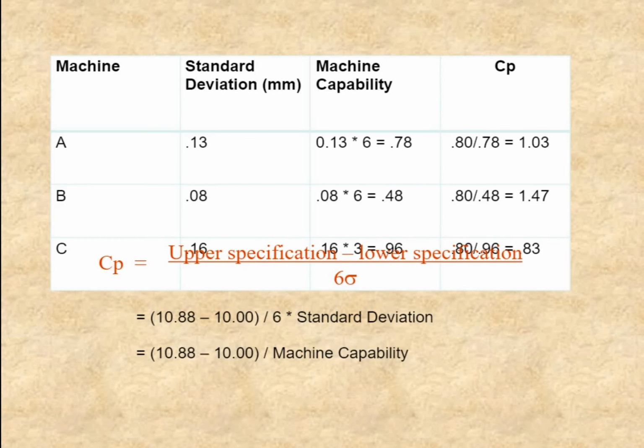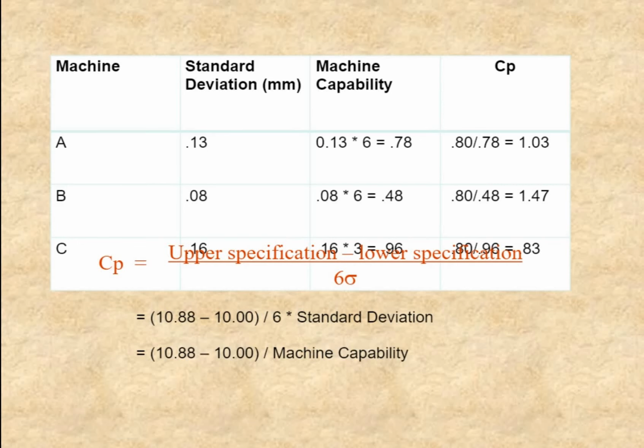For machine B, the value here is 0.8 divided by 0.48. 0.48 comes from here, the machine capability. Then it equals 1.47. Now for machine C, it's 0.8 divided by 0.96. 0.96 comes from here, and it equals 0.83.